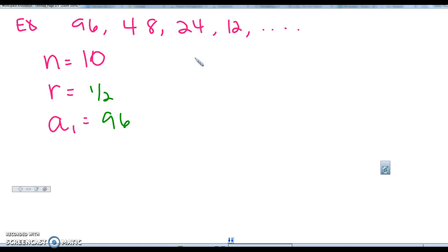Now let's go ahead and plug that in. A sub 10 equals 96 times 1/2 to the 10 minus 1 power. Let's see if we can simplify that down and find out what the 10th term in the sequence is, or what a sub 10 is.